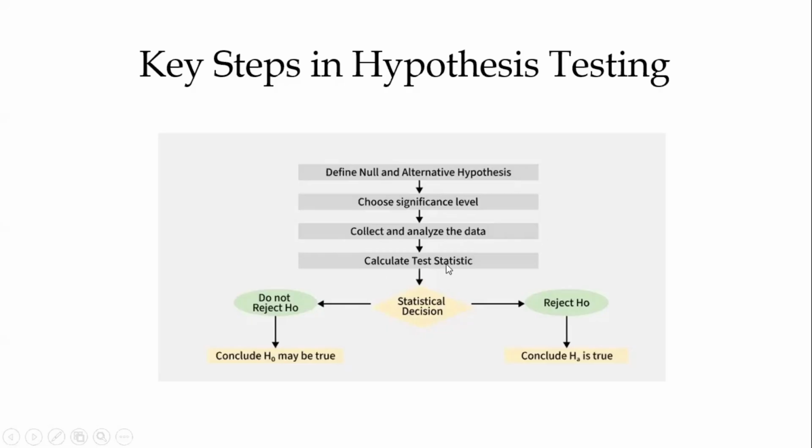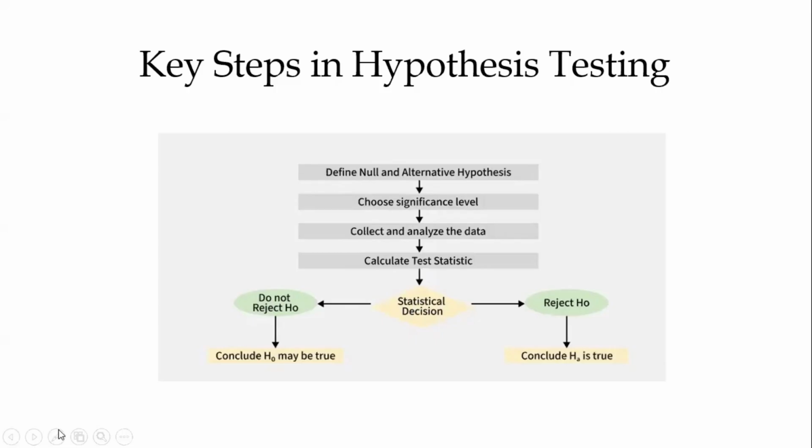From the data, you calculate the statistic from the sample itself. Based on certain thresholds, if it meets that threshold, you reject, or if it doesn't, you fail to reject the null hypothesis. So this is what we are going to look at.